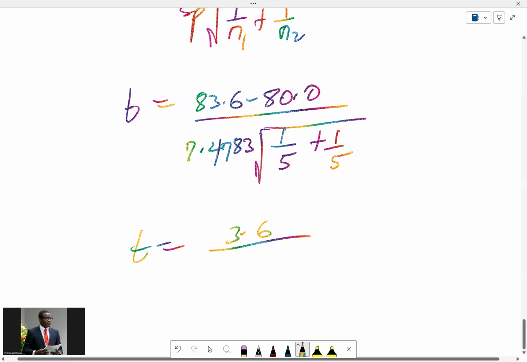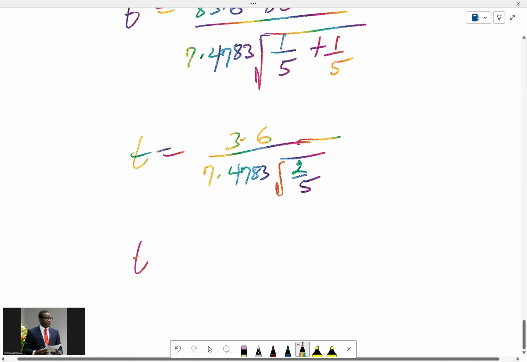That's 3.6 divided by 7.4783, square root of 2 over 5. 2 over 5 is 0.4. So t is 3.6 divided by 7.4783 times square root of 0.4.